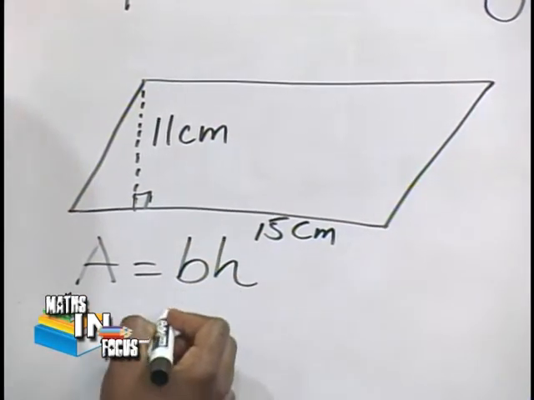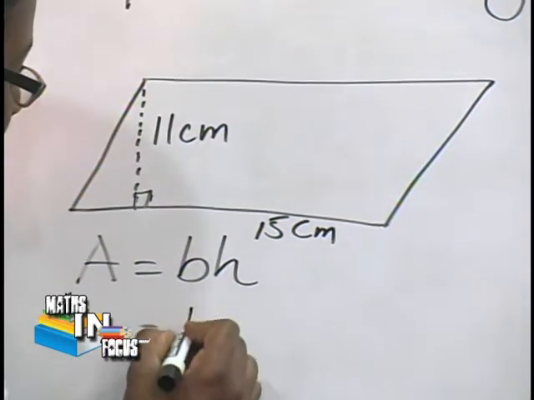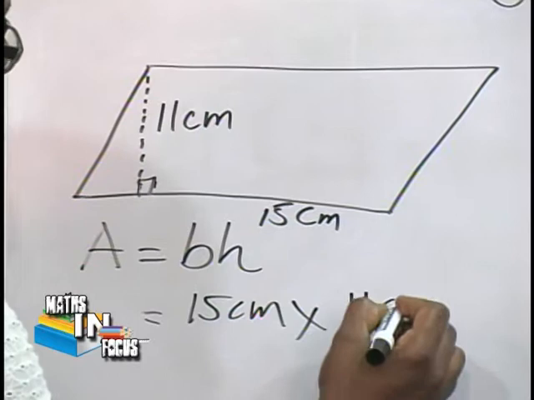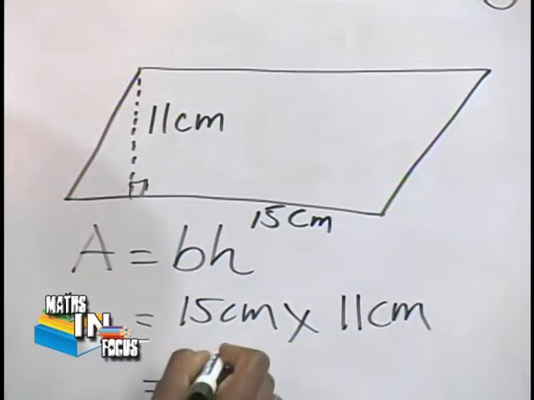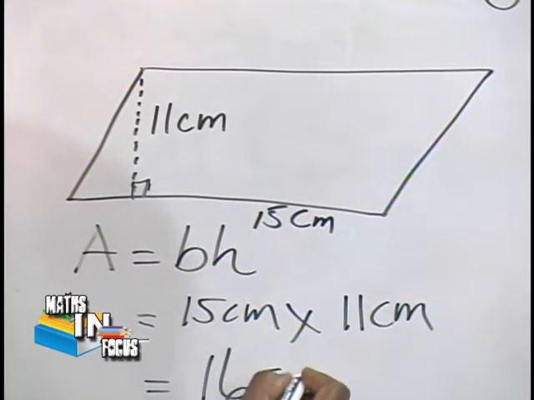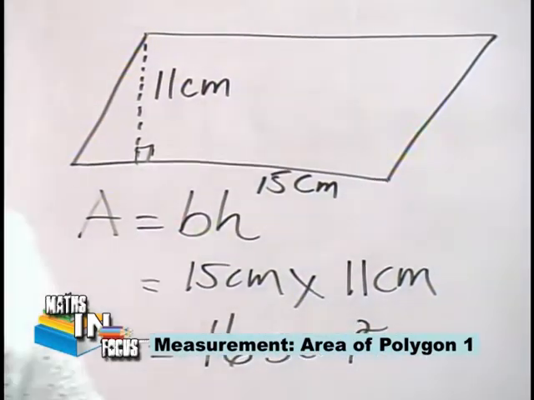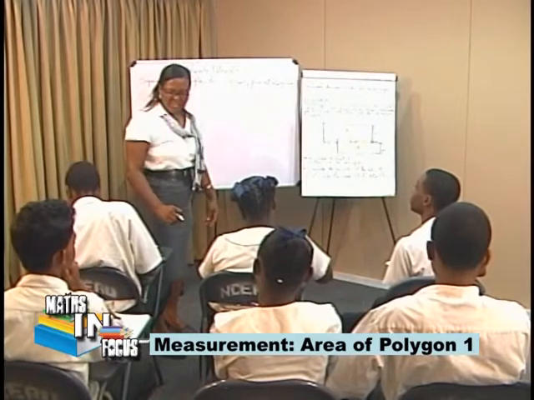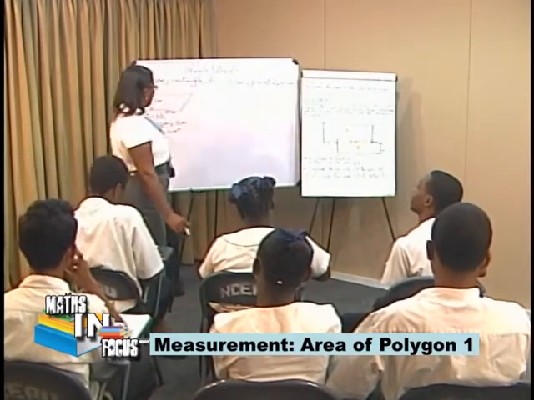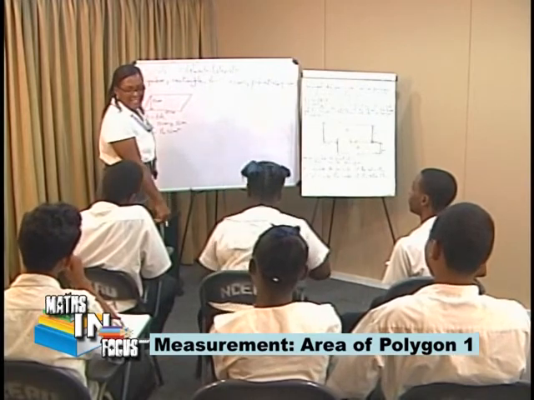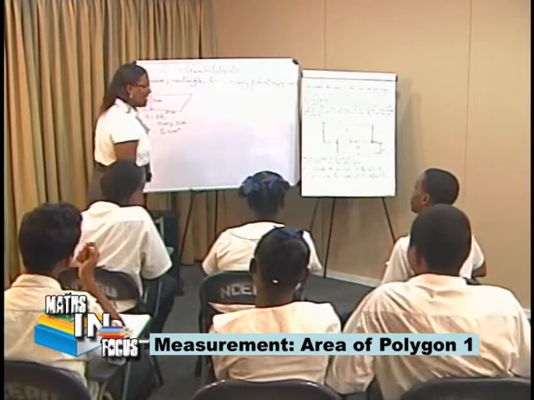What did you use as a base? 15 centimeters by the height, which is 11 centimeters, and you got 165 centimeters squared. Any difficulty? No. Is math difficult? No, it can't be. Want us to try another one? Okay.